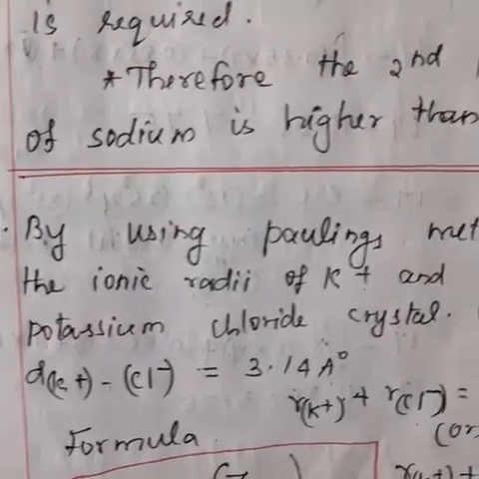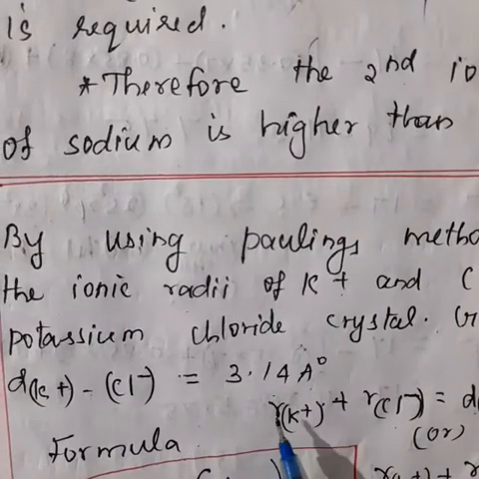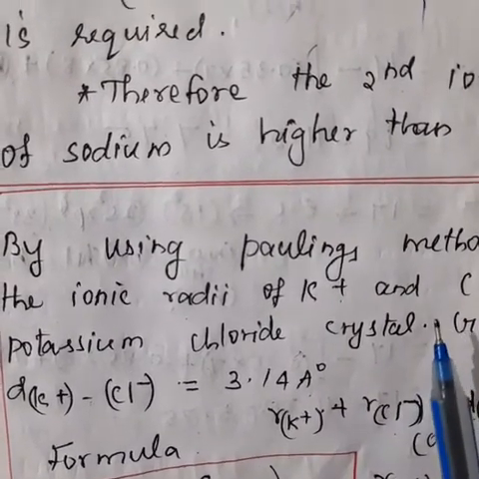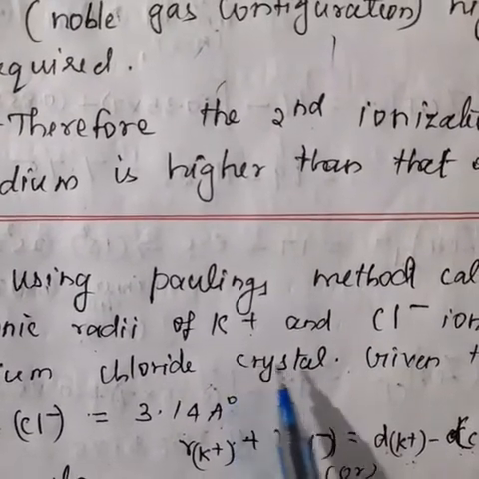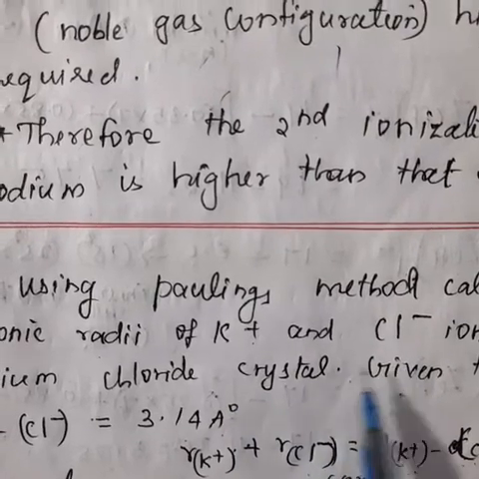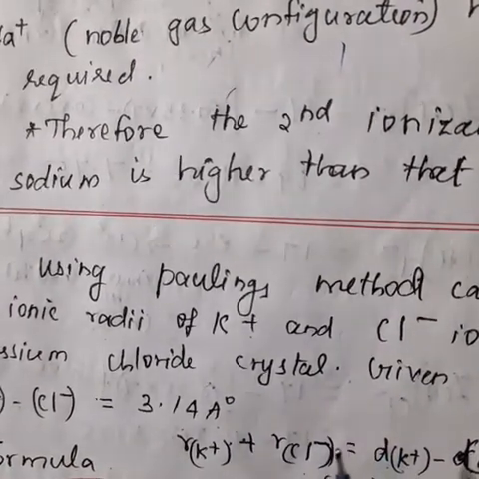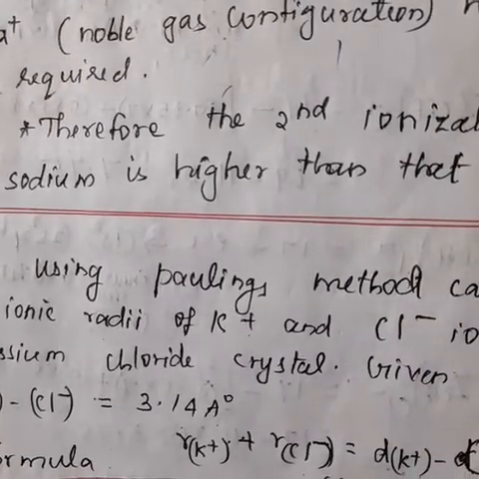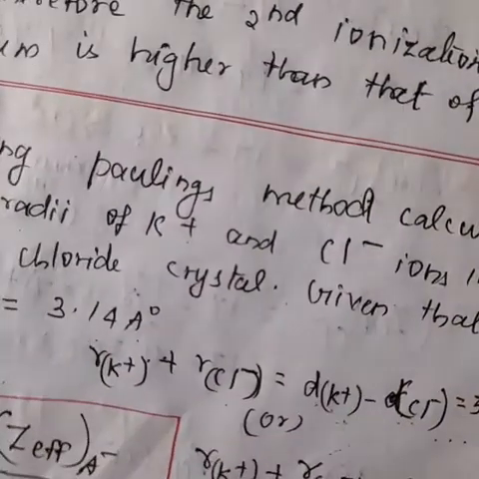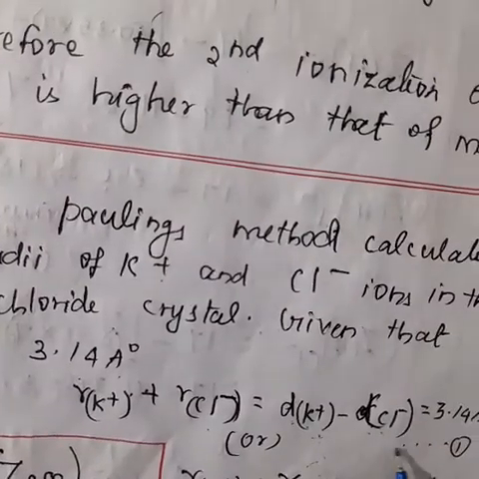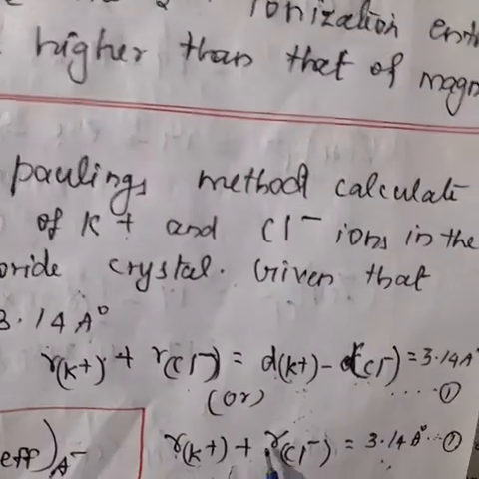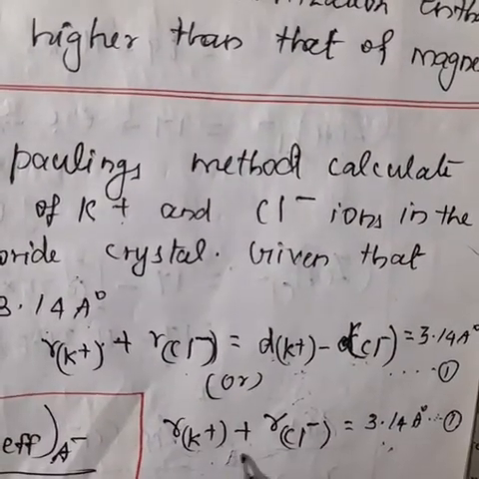The internuclear distance between the K plus ion and the Cl minus ion is given as 3.14 Angstrom.